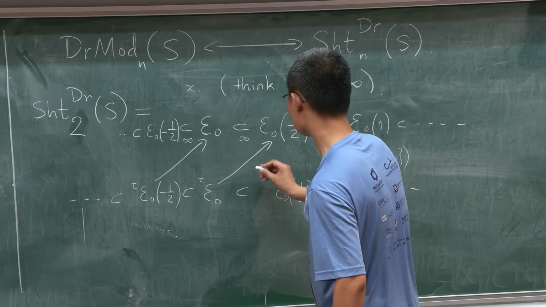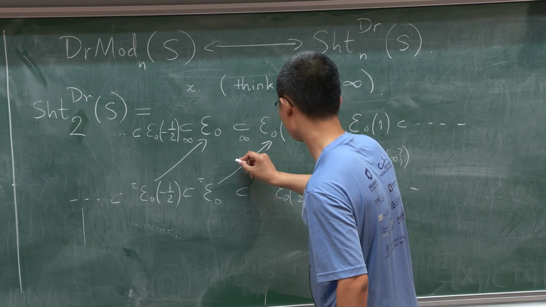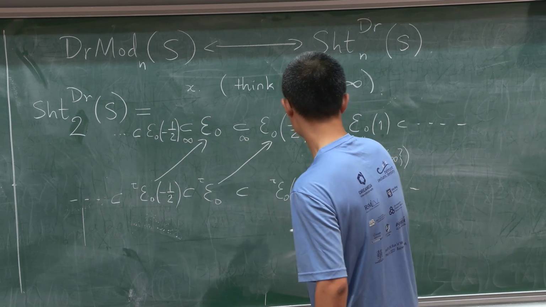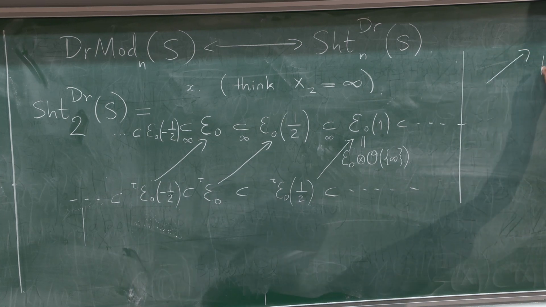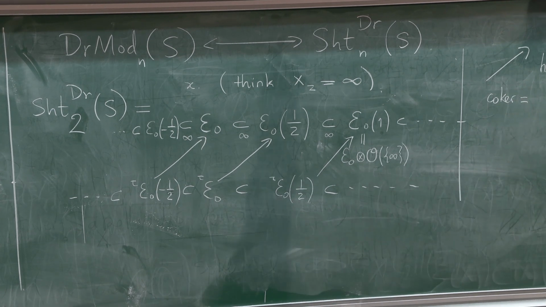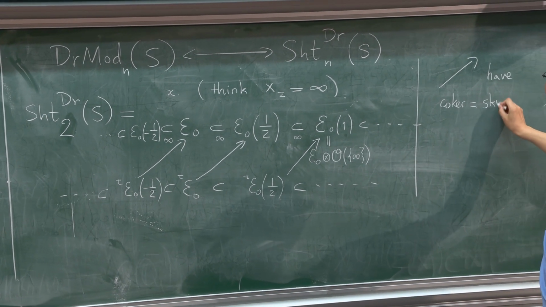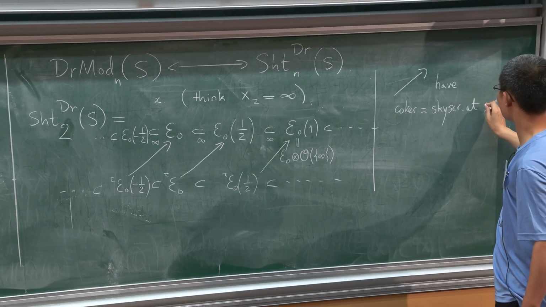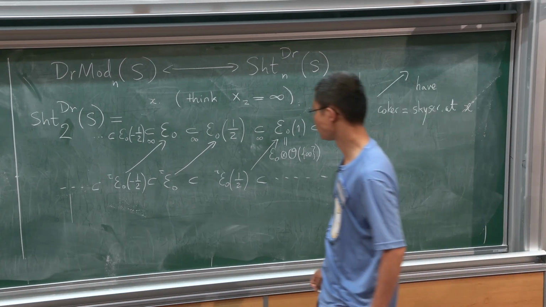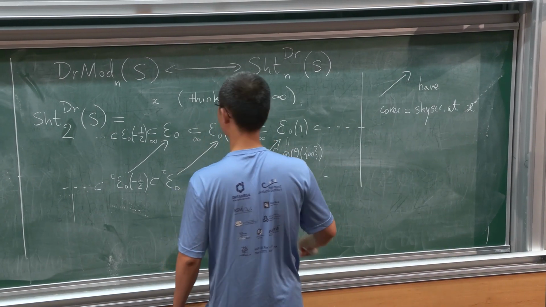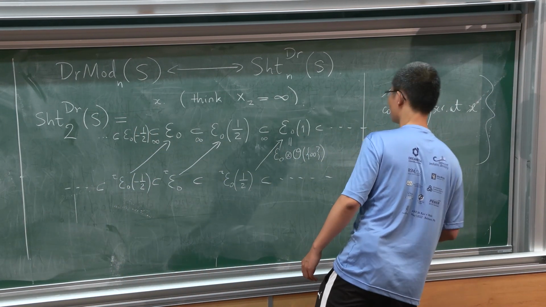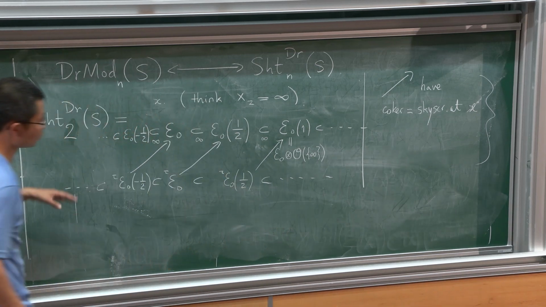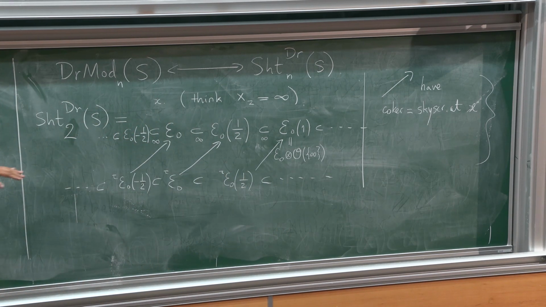Okay, so these diagonal arrows will all have cokernel that's a skyscraper at x. Okay. So that's the moduli. That's the functor. So it looks slightly more complicated.